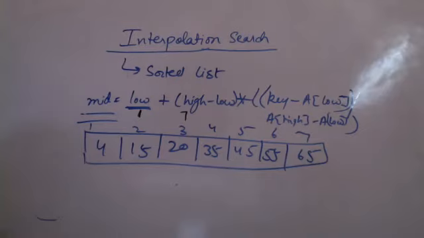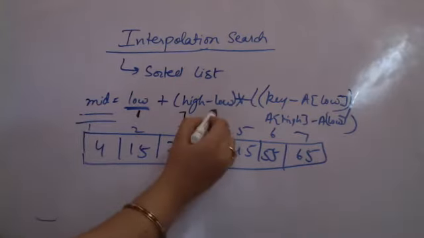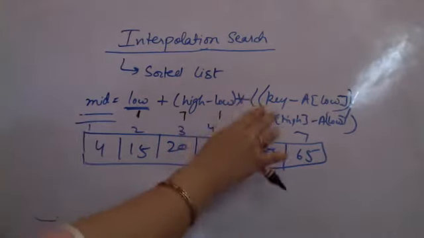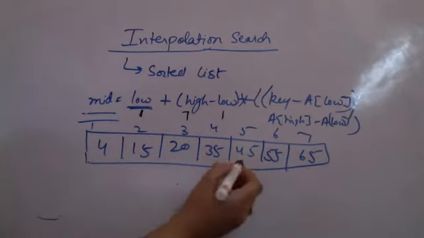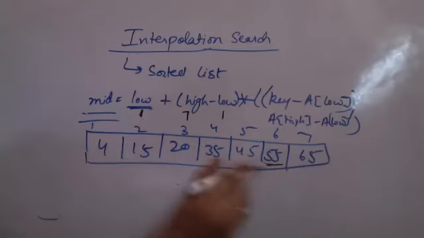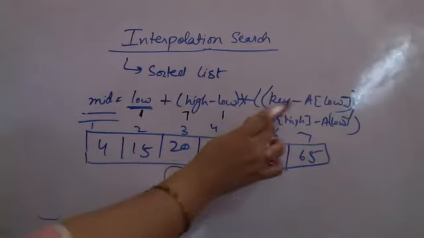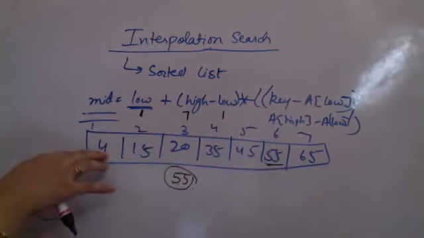What I am doing is low plus high minus low multiplied by key. Now which element do I want to search? Supposedly I want to search 55, just for example. If I want to look for 55, so what am I doing? Key minus A of low, which is the first element.